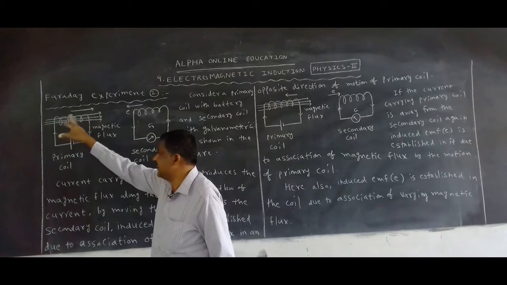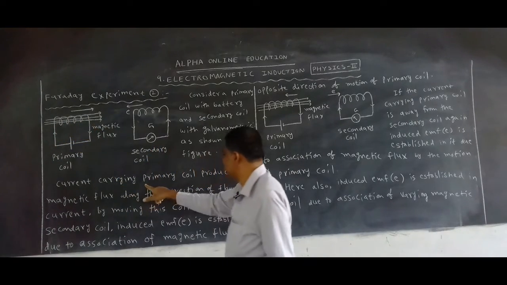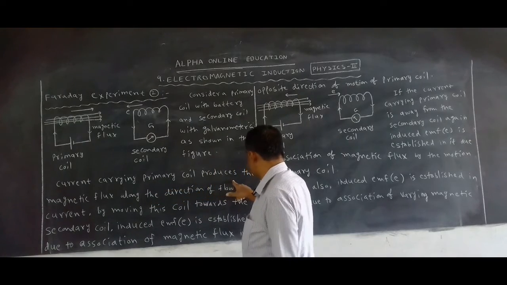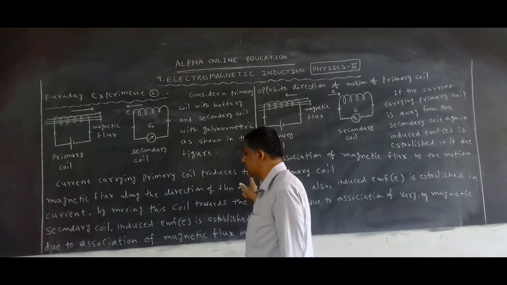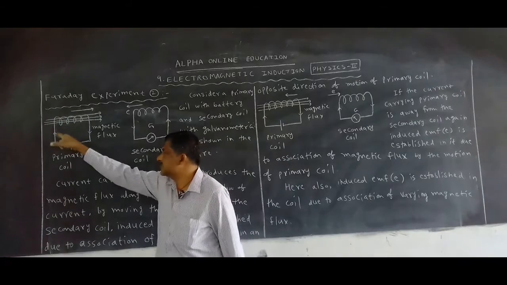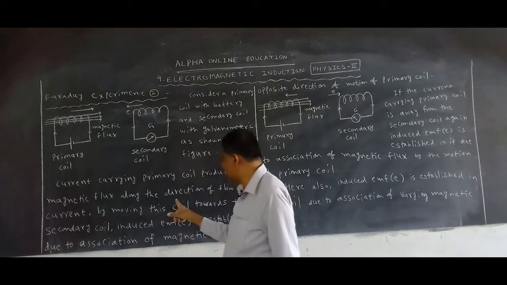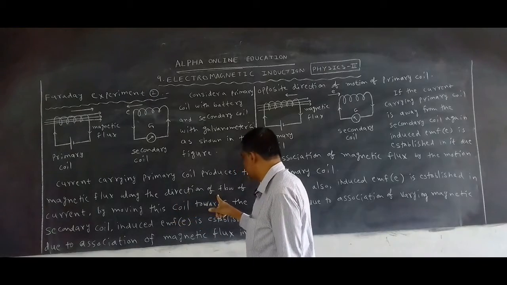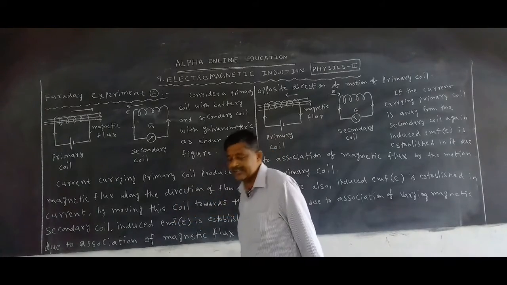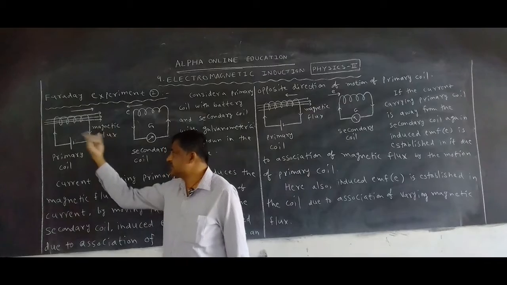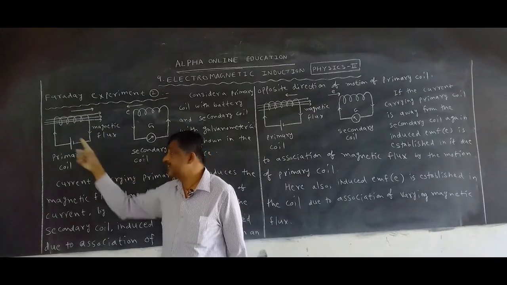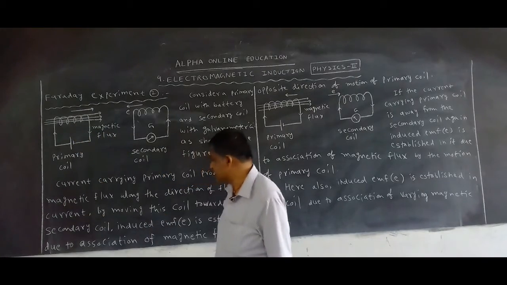The current carrying coil produces magnetic flux along the direction of flow of current.